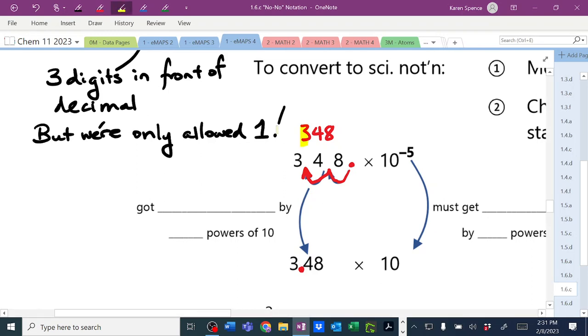Did that coefficient get bigger or did it get smaller? The coefficient got smaller. 3 is smaller than 300, yes? So it got smaller. Tell your partner, by how many powers of 10 did it get smaller?